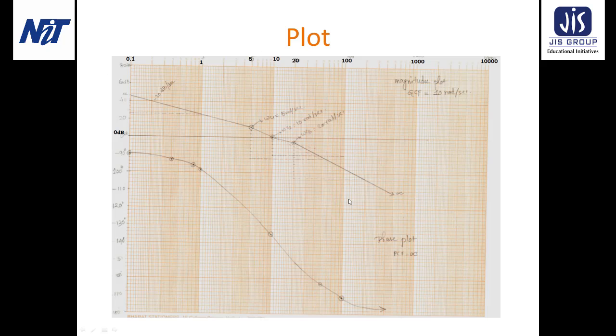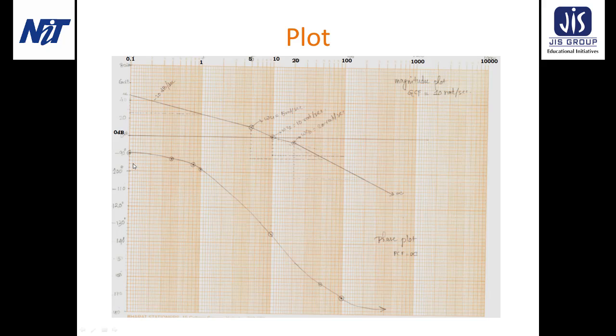That's why at the last point I have drawn the minus 40 dB per decade going to infinity. From this magnitude plot we can see that the magnitude plot cuts the reference 0 dB line at 10. So the gain crossover frequency is 10 radian per second.